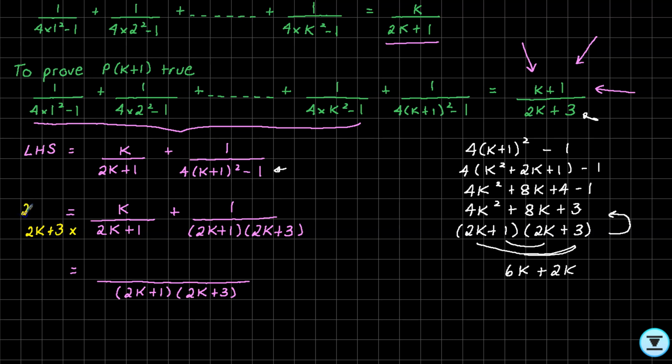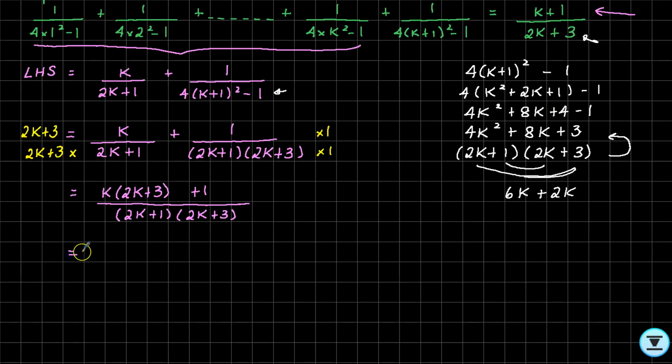And that means I'll have to times the top by 2k plus 3. So now we've got k times 2k plus 3. Right, what did I times this one by to get the denominator? Well, just 1. So we times the top by 1, plus 1.